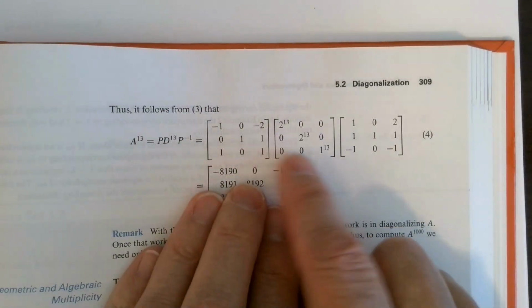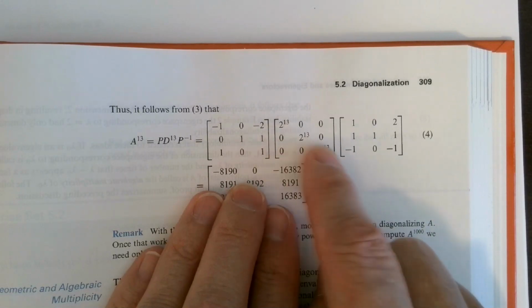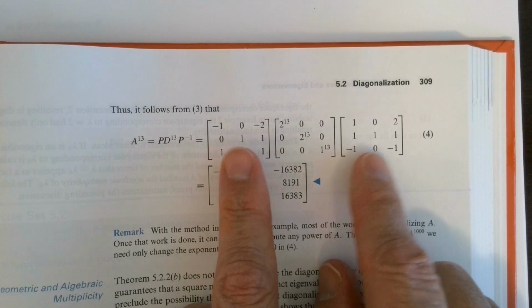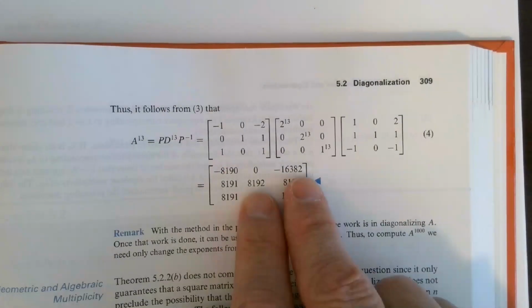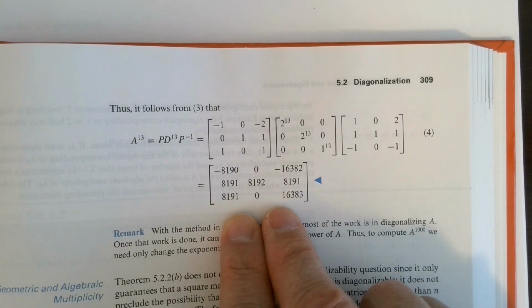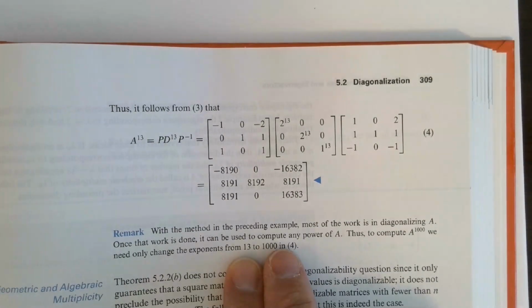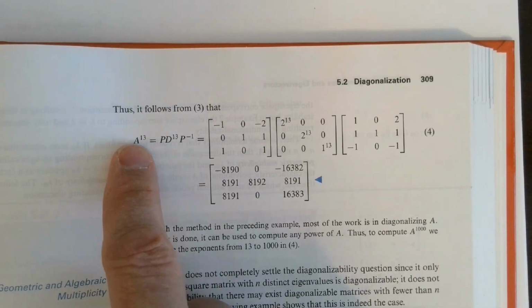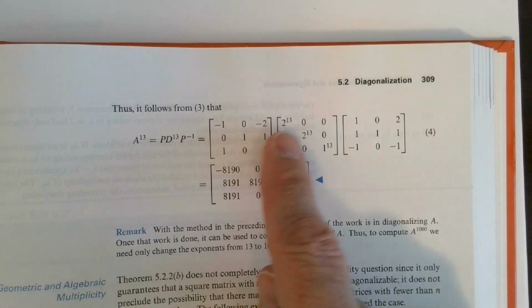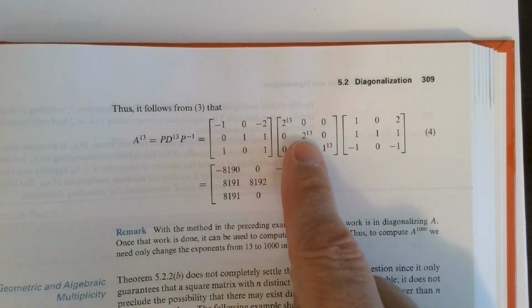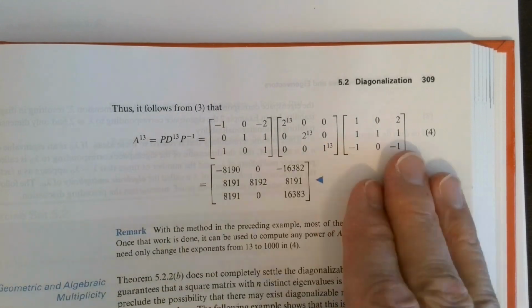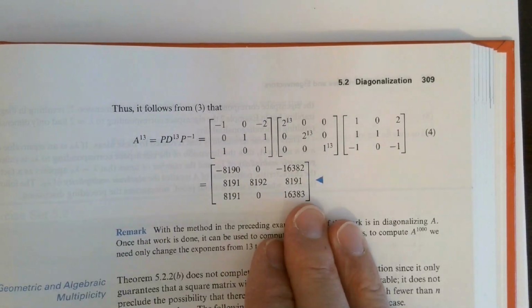Again, you do have to find these diagonalizing matrices P and P inverse, but it's much quicker. Especially, what if you wanted A to the 1000th power instead of A to the 13th? Well, that's really, really complicated on this side. This side's not bad. The only thing that changes is you now raise 2 to the 1000th, and 2 to the 1000th, and 1 to the 1000th. So as far as the actual matrix product, it's simple.